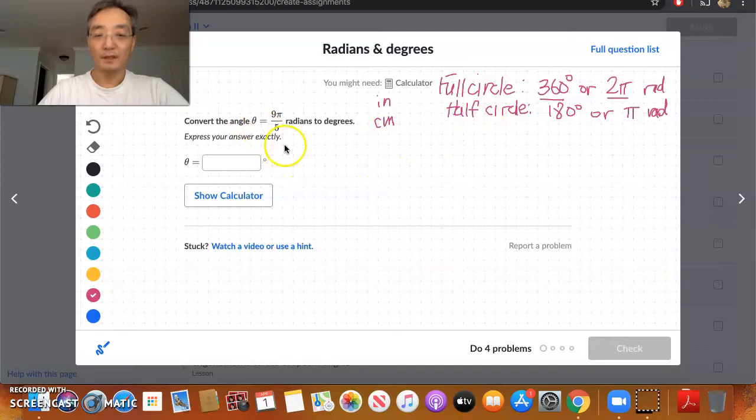Now, they're asking us to convert this radian measure into degrees. So I'm going to use the half circle measurements. If we want to go from degrees to radians, we're going to multiply by pi over 180.